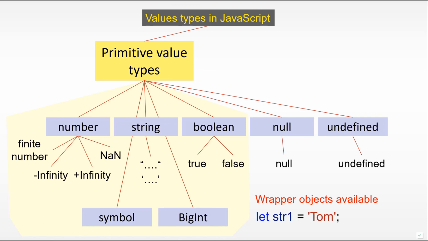So, for example, if we have a single line of code, let string1 equal to Tom. So now we have placed a string value, a primitive, into the string1 variable. It turns out that we can very easily apply a method to that primitive value, which seems a bit strange because methods are not something which is associated with primitive values.